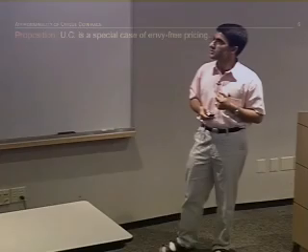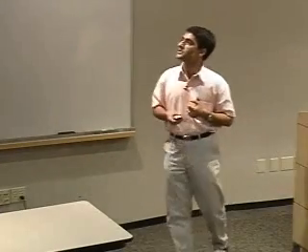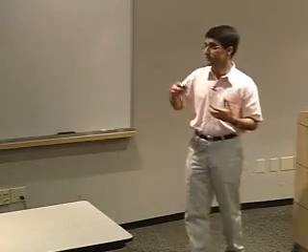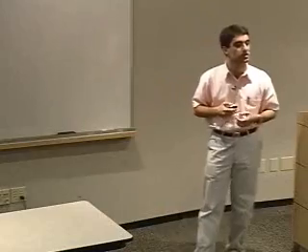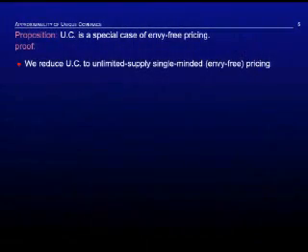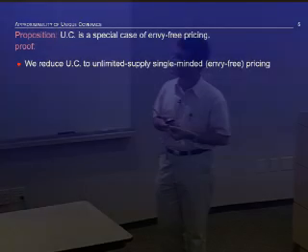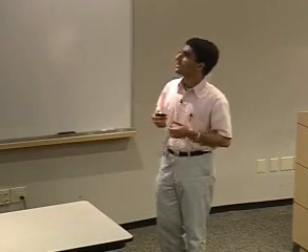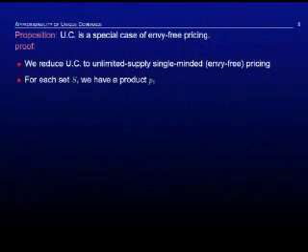And what we are going to show is that unique coverage is a special case of envy-free pricing. And we are going to prove a hardness for unique coverage, and therefore it implies a hardness for envy-free pricing as well. And the reduction is pretty simple. So we reduce it to the special case of unlimited supply, single-minded buyers or users.